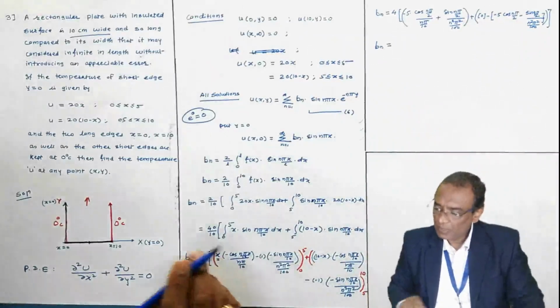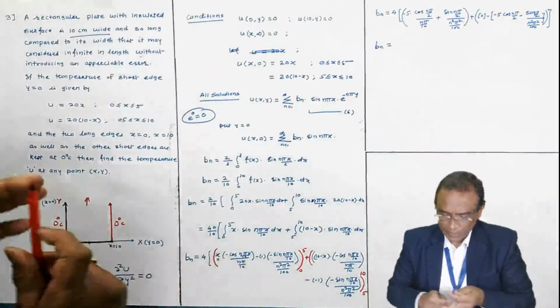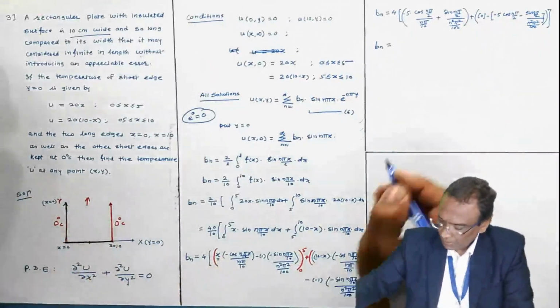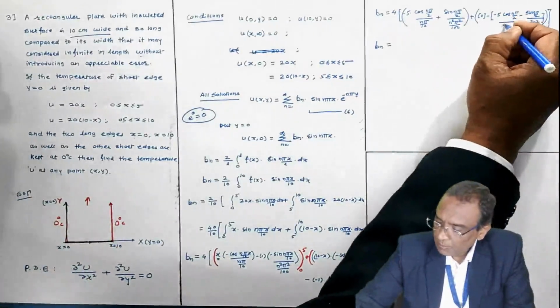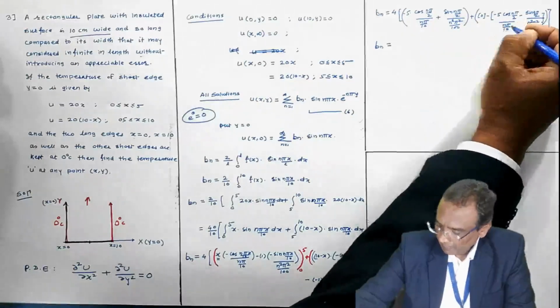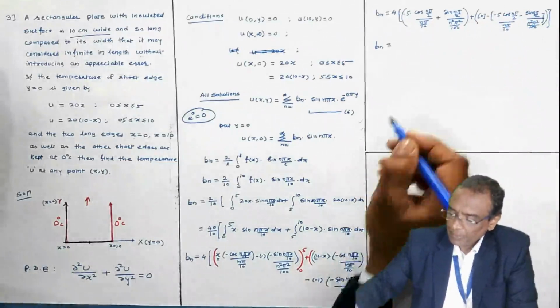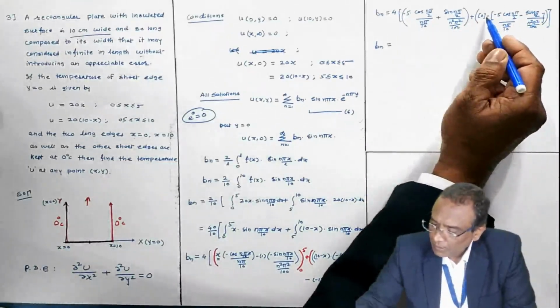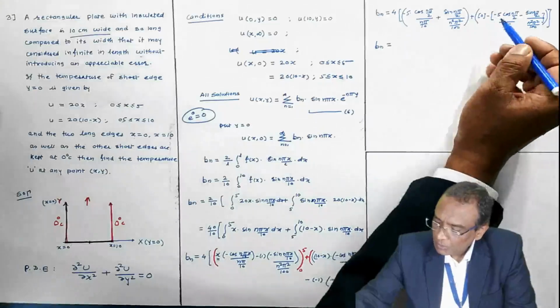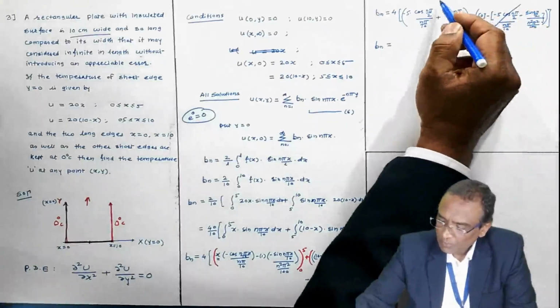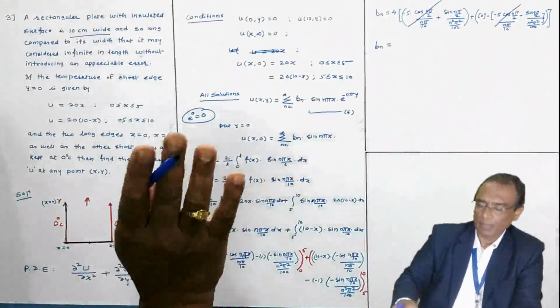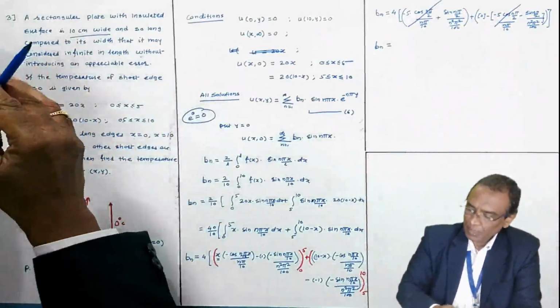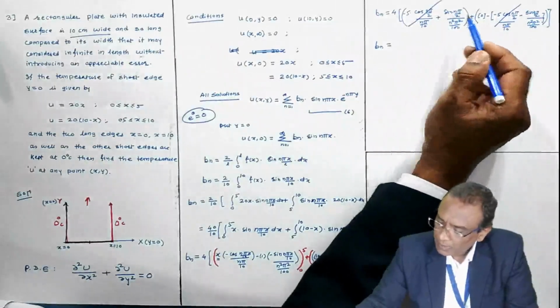So try to simplify it now. If you look at it very carefully, because n pi by 10 I have not written here, this should be n pi by 10. Then this minus becomes plus, so this cos term, after simplification, will get cancelled.